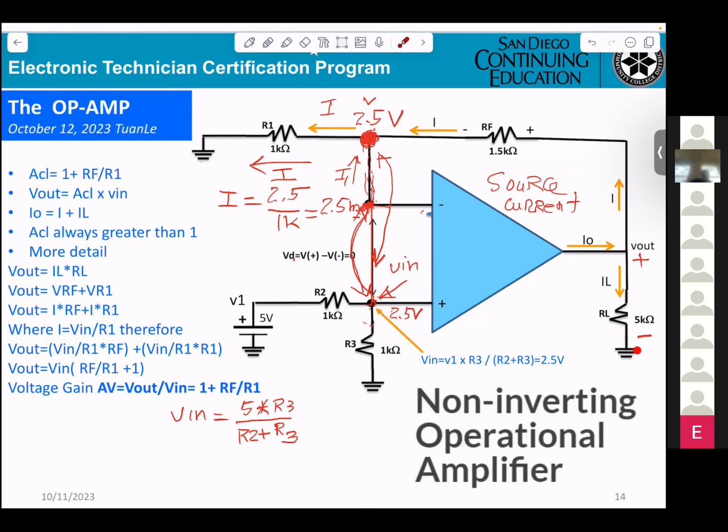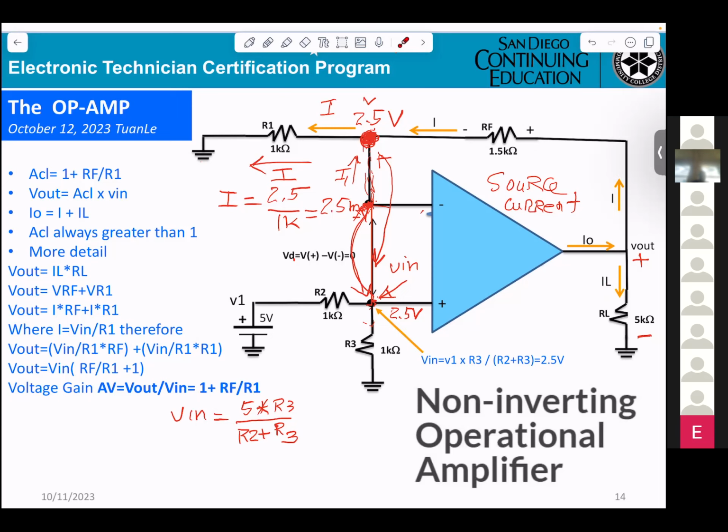So that's why it's got to be going down. It can't go minus to plus. Exactly. So basically, if you're looking here, I out of the op amp equals I plus IL. They've given everything for you here.